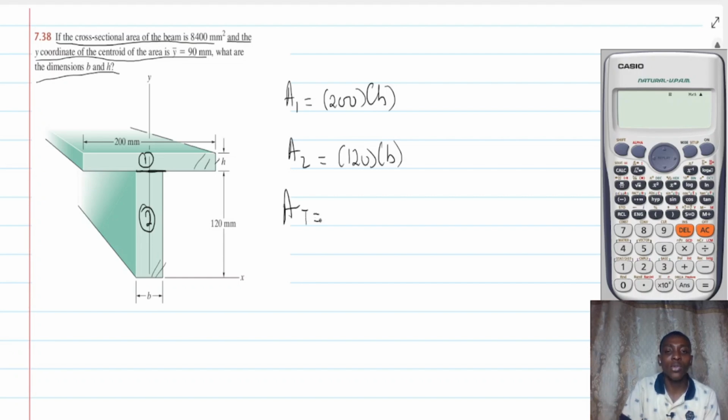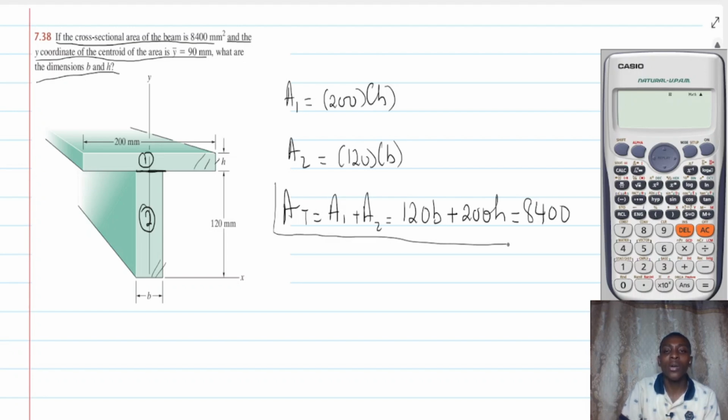Therefore, the total area, which is A1 plus A2, is 120b plus 200h. This should be equal to the total area, that is the cross-sectional area. So we can call this equation 1.